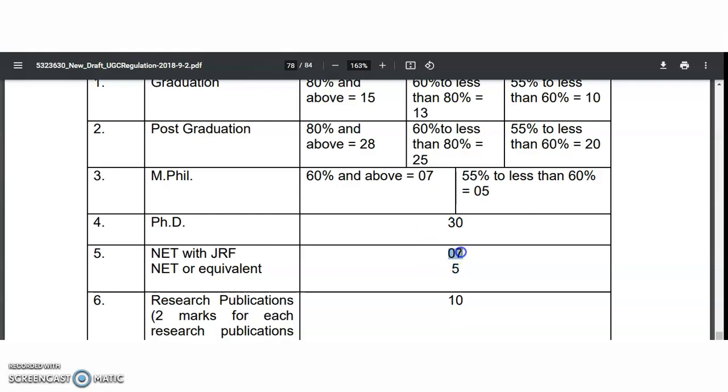NET with JRF will get 7 marks. Due to this difference, most of the NET qualified candidates are depressed. Why? Because if PhD candidates apply for the same assistant professor vacancy, the dominant factor will be the PhD candidates only, and there will be very few chances for the NET qualified candidates to be shortlisted for the interview procedure. So that is what is happening.